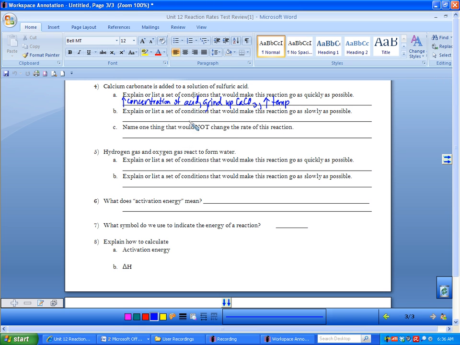Okay. Explain or list a set of conditions that would make this reaction go as slowly as possible. Okay. So our calcium carbonate could just be in chunks. We could have dilute acid. Sulfuric acid is H2SO4. And we could cool off or lower the temperature.